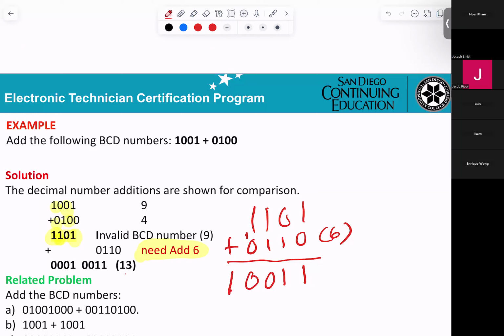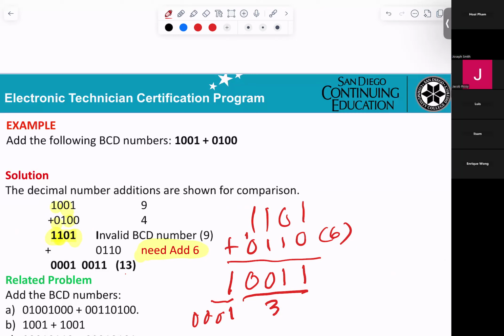Okay, so you can see 4-bit BCD will be, this will be 3. Okay, and 1 will be 1. Basically, they're supposed to be 1, 3. Okay, so that means 13.